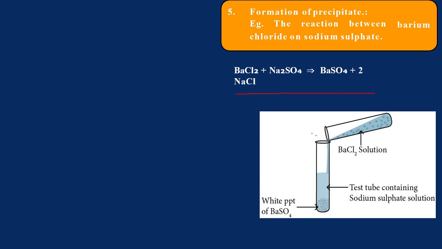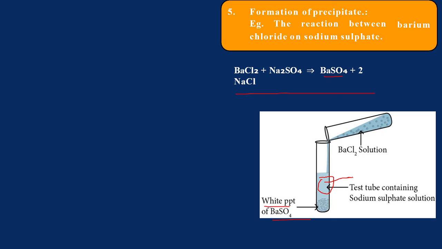As you can see in this diagram, when we mix BaCl2 and Na2SO4, which both are aqueous solutions, we immediately get a white PPT. PPT here stands for precipitate, and it fully settles down at the bottom of the test tube, and that is called barium sulfate. That's why one of the products is barium sulfate, and the solution becomes NaCl, which is in aqueous solution form.